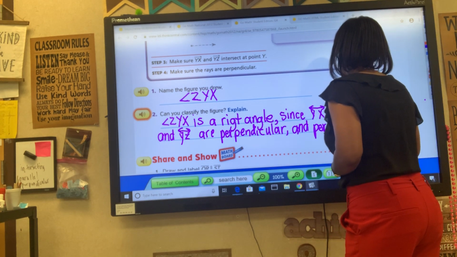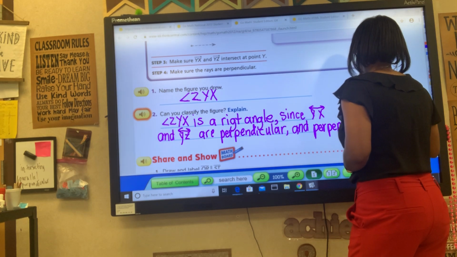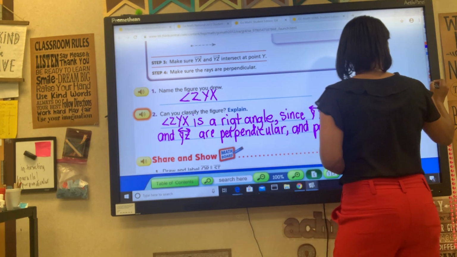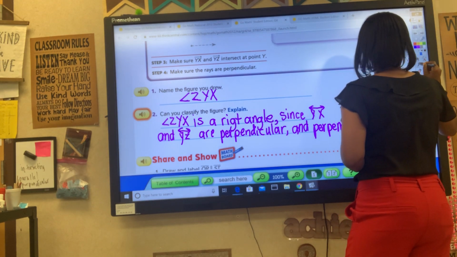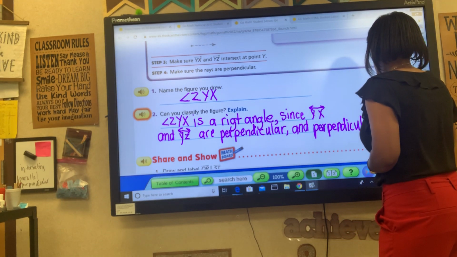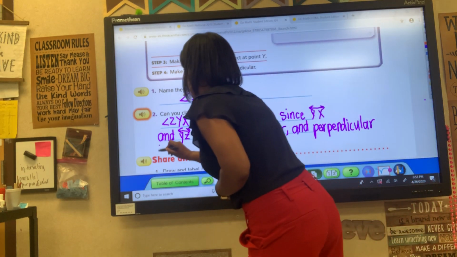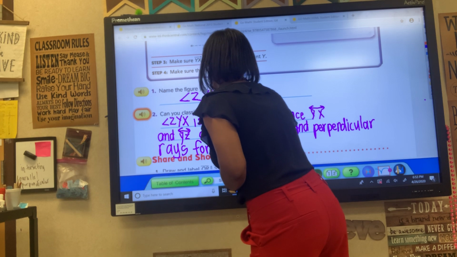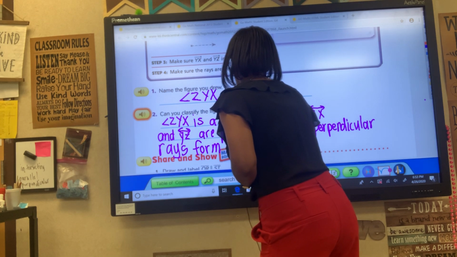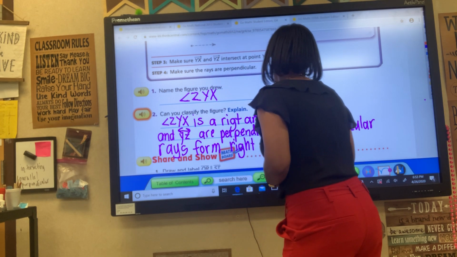If you want to spell it, perpendicular rays form right angles.